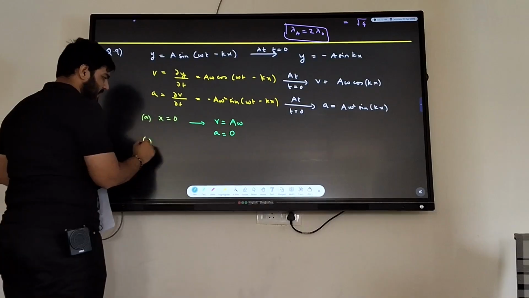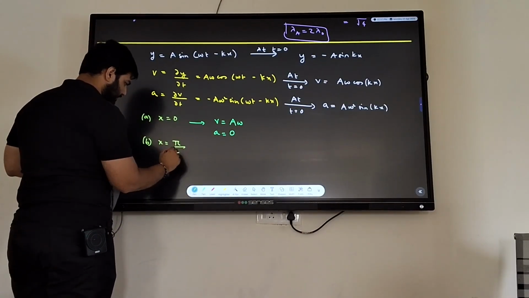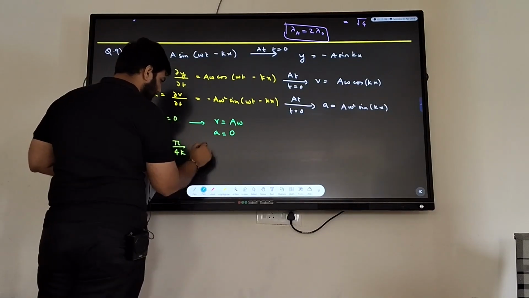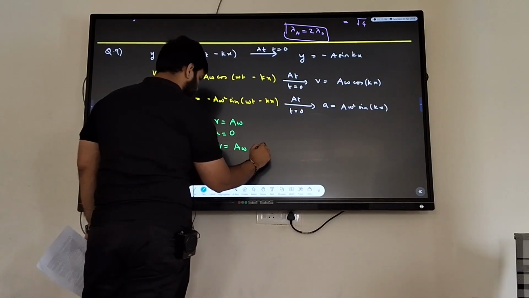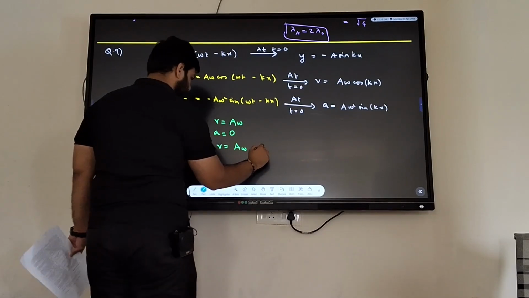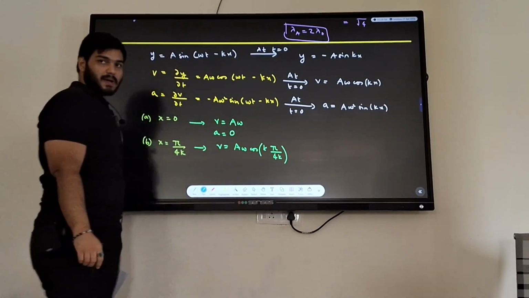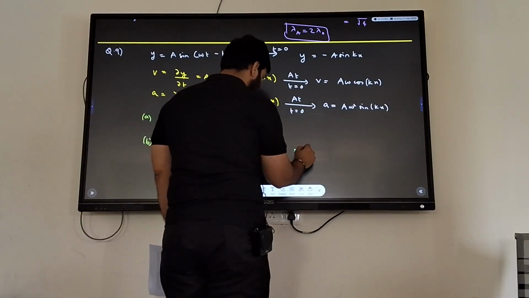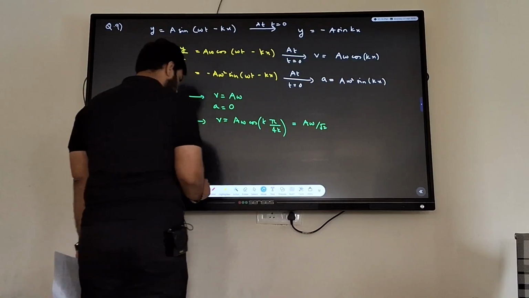So I will do the b part, x equal to pi by 4k. Pi by 4k पे बताओ v की वैल्यू कितनी है? V is a omega cos pi by 4. ये cos pi by 4 हो गया ना? That's 1 by root 2. So that will be a omega by root 2. So it does move.